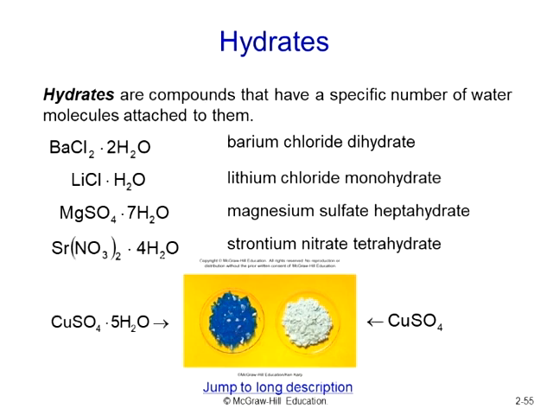So here's an example. You'll have barium chloride dihydrate, 2 water molecules. Lithium chloride monohydrate, 1 molecule. Magnesium sulfate heptahydrate, 7 water molecules. And strontium nitrate tetrahydrate.